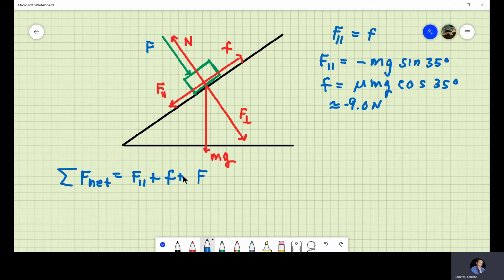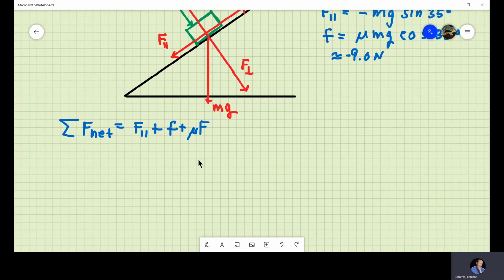Now, since this is a system that has friction in it, this friction is going to be a factor of this force. So the problem comes down to solving for this F right here. So let's set up an equation so we can do that.